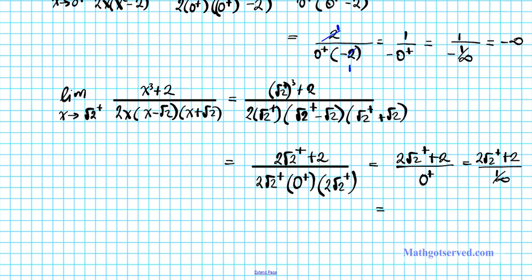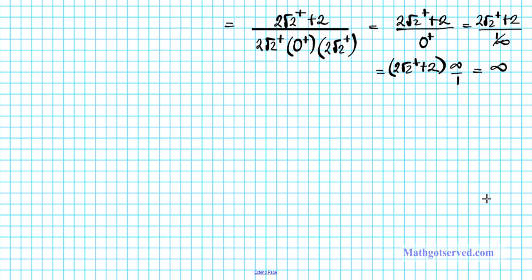And then your next to final answer, you have 2 root 2 from the right plus 2 multiplied by infinity over 1, and your final answer is infinity. So we can see clearly that root 2 is a vertical asymptote since the function approaches infinity as x approaches root 2 from a specific direction, namely from the right direction. Okay? Remember, it could be the left or the right. One or the other is sufficient to conclude that that value is a vertical asymptote.